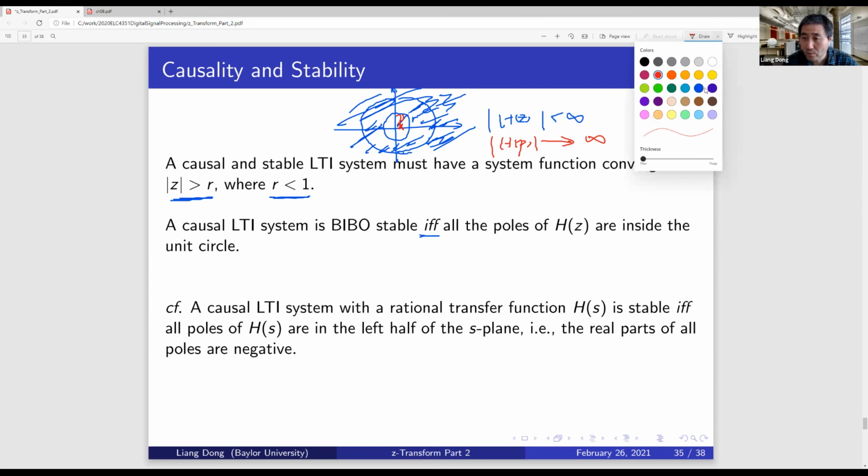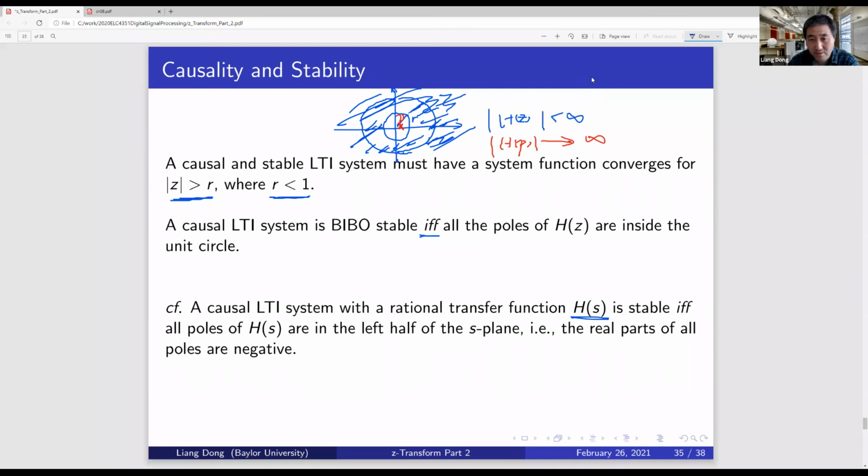Compare this with what we have learned before in signals and systems. A causal linear time invariant system with a rational transfer function H(s) in the Laplace domain is stable if and only if all poles of H(s) are in the left half of the s-plane. That is, the real parts of all poles are negative.